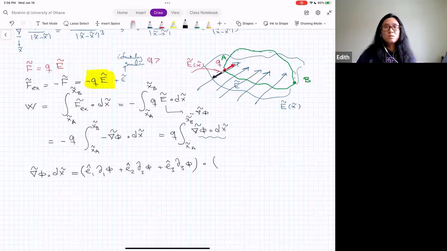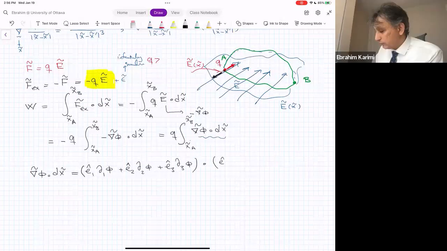Dot dx. Dx means E1 dx1 plus E2 dx2 plus E3 dx3. Do the dot product. So E1, E2, and E3 are mutually orthogonal to each other.